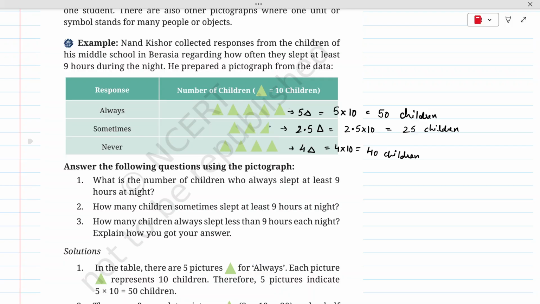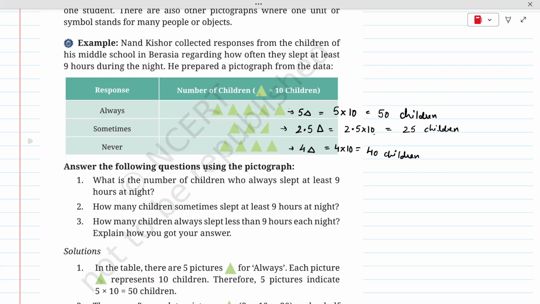This is a half triangle. So 2.5 triangles is equal to 25 children, 2.5 multiplied by 10. Then we have never. Never means the children who never slept 9 hours during the night. So here we have 4 triangles which give us 40 children.